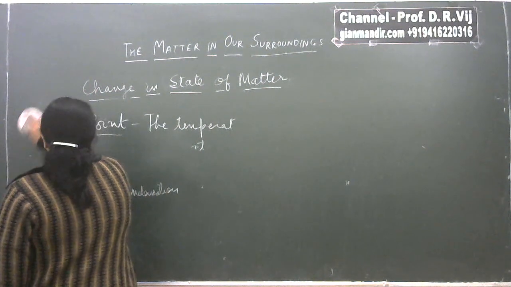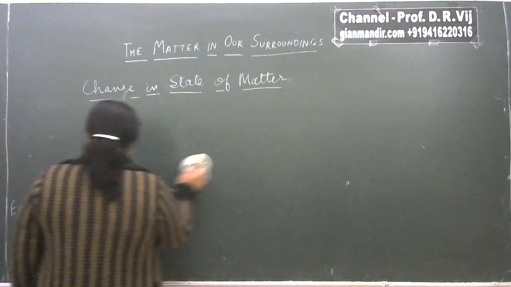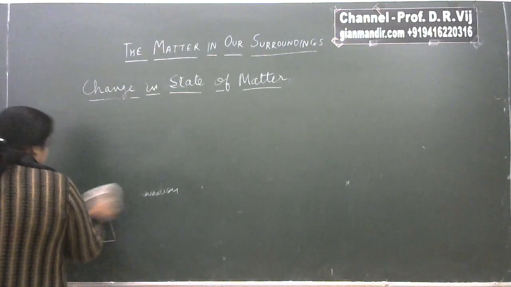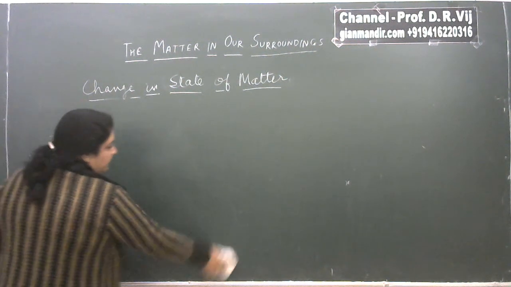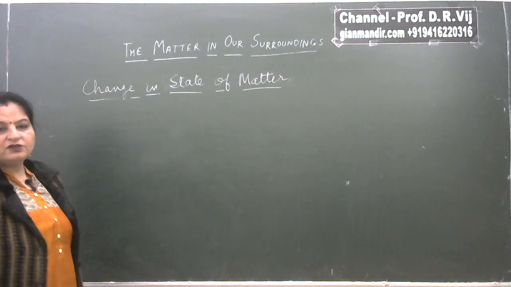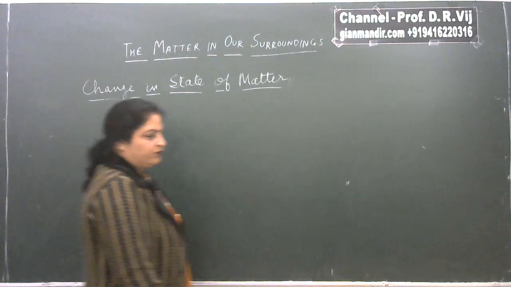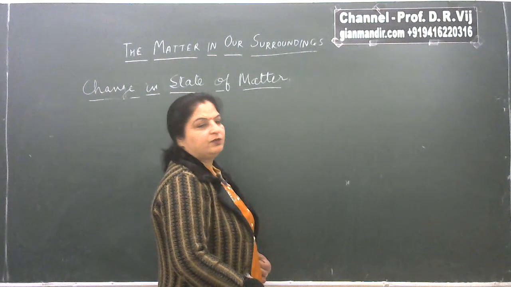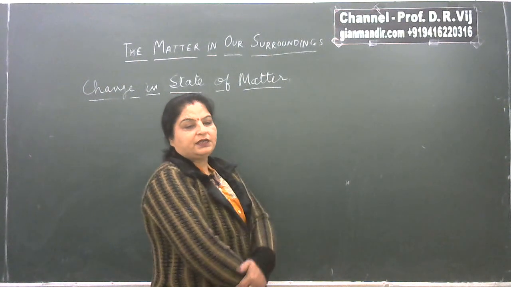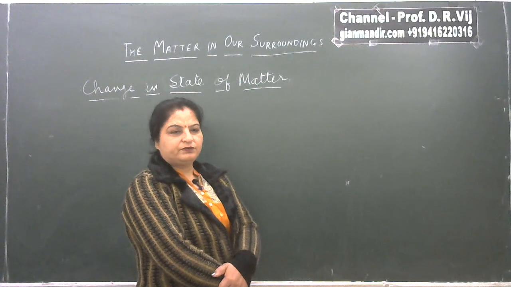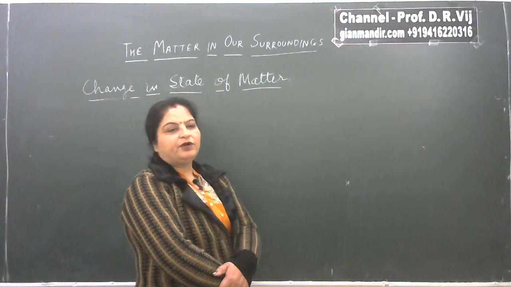So why is it so? Again, it is because of the difference in their interparticle forces of attraction. So the stronger the interparticle forces of attraction, the higher the boiling point. The weaker the interparticle forces of attraction, the lower the boiling point.